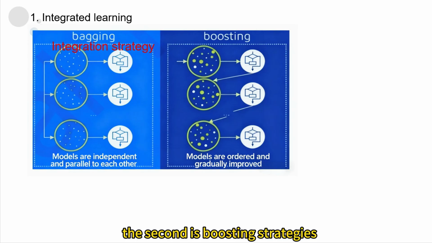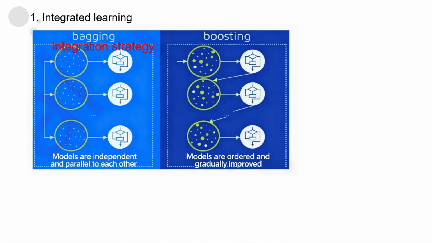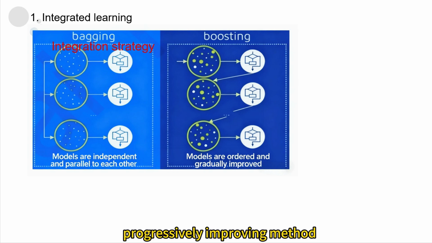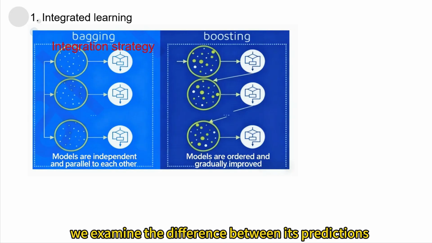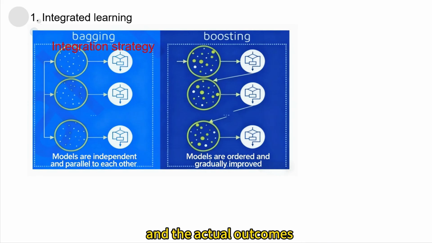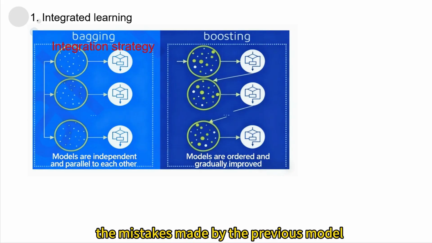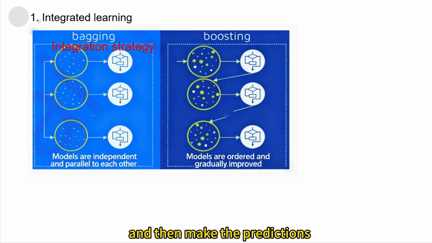The second is the boosting strategy. This is a progressively improving method. First, we have one model make predictions, and then we examine the difference between its predictions and the actual outcomes, which is called the residual. Next, the next model tries to correct the mistakes made by the previous model and then makes predictions, continuing to reduce the residual.